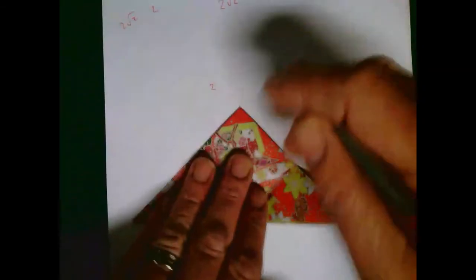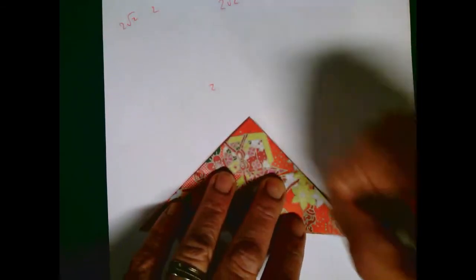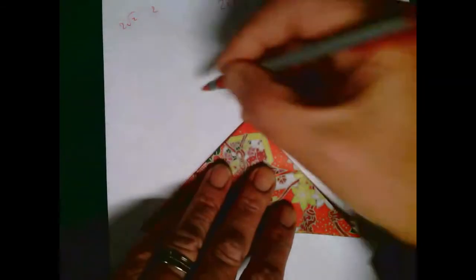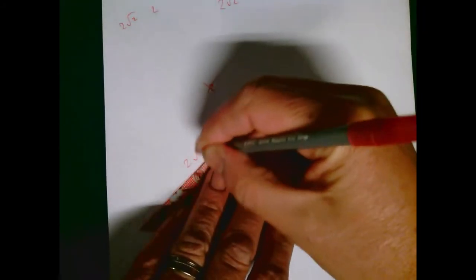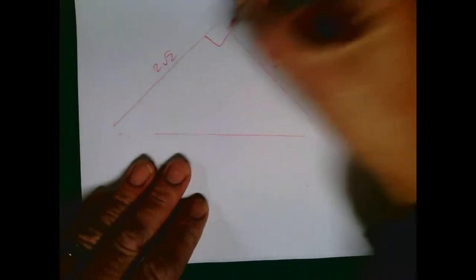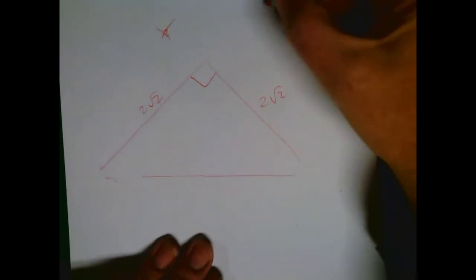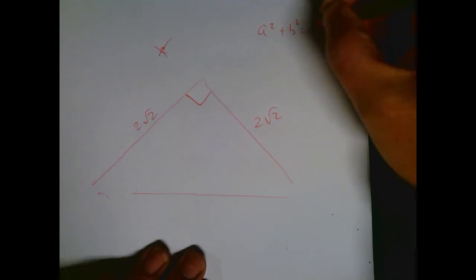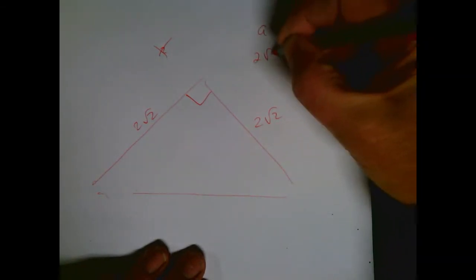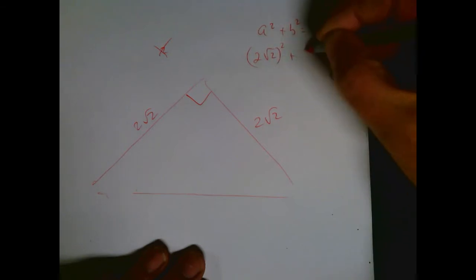Let me move it down here so we can see it. Cross it out. 2 square root of 2, 2 square root of 2. Let's do some math to figure out the missing side. And again, that's your right angle. And we're going to do a squared plus b squared equals c squared. So 2 square root of 2 squared.